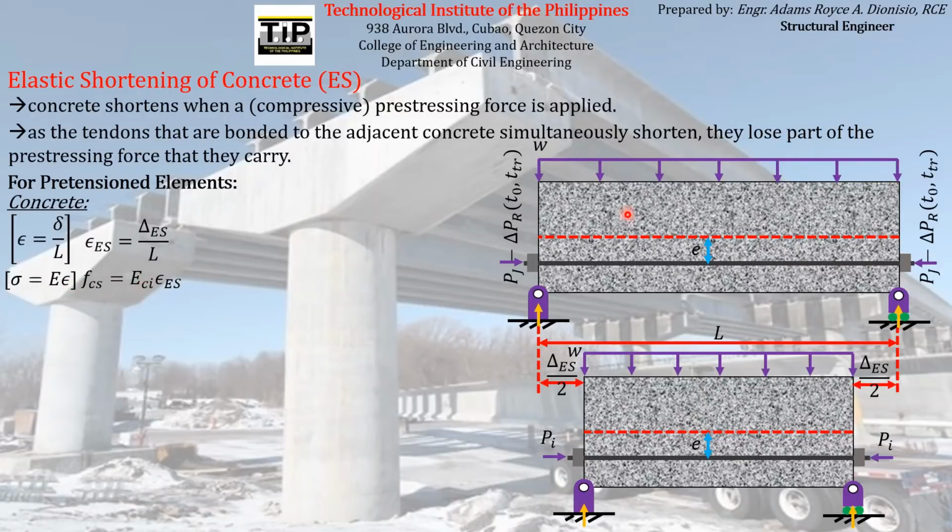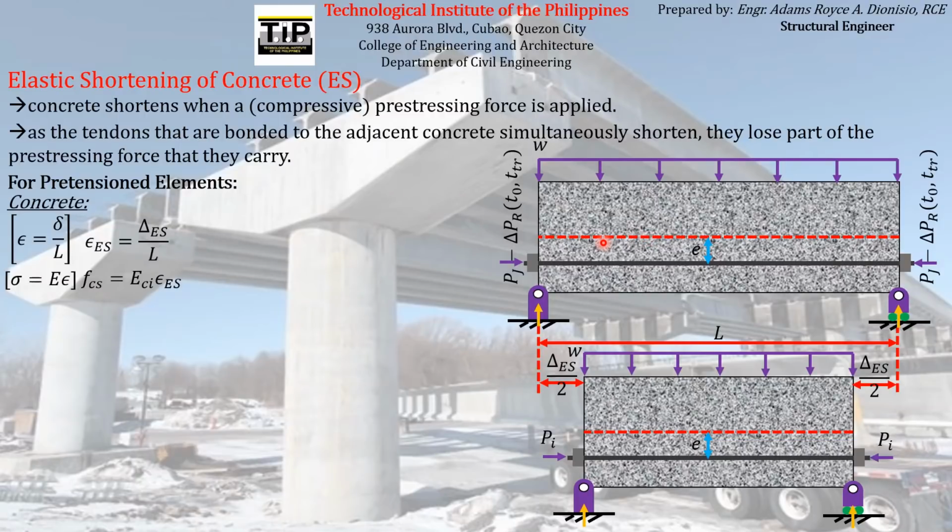elasticity of the concrete. But you have to take note that, since we are pretensioning, the modulus of elasticity of the concrete at this particular stage of pre-stressing is not readily equal to the modulus of elasticity of concrete at 28-day compressive strength.